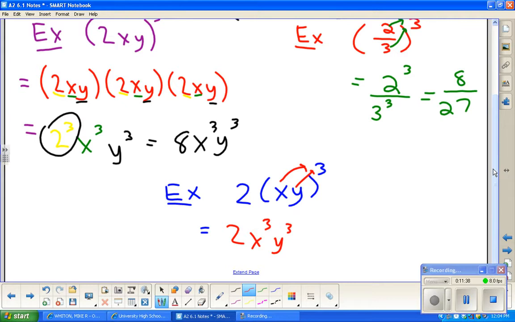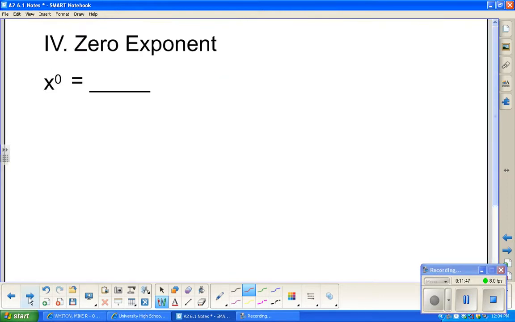Okay. Now, these other rules are like the last two. Sometimes you have 0 as an exponent, and sometimes you can have a negative exponent. We need to know how to handle those. Okay, and anybody know what you get if you take a number to the 0 power, or if you have a calculator handy?